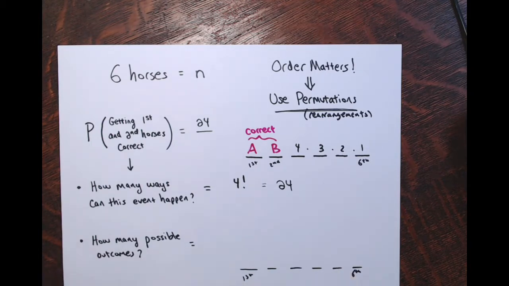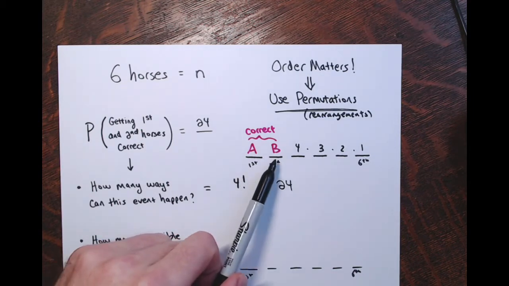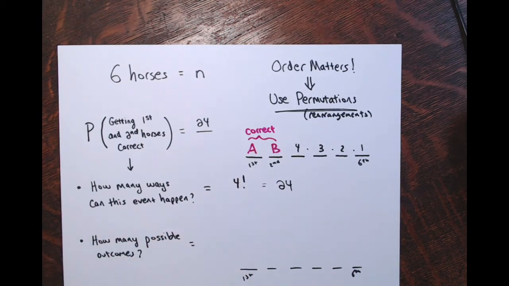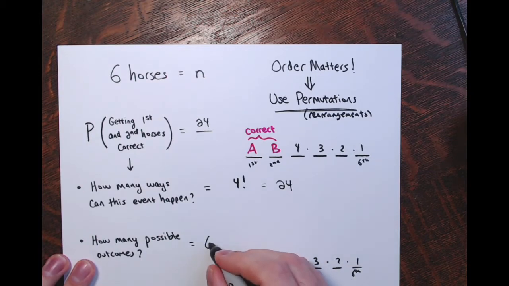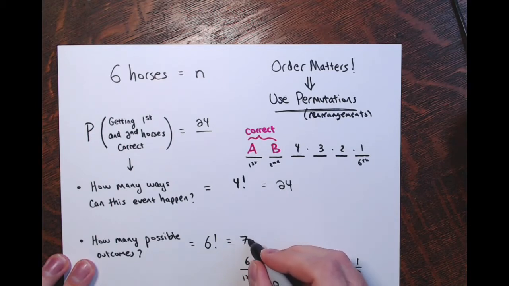This is for any possible outcome, not just the outcomes where I get the first 2 horses correct. So there are 6 horses possible in first place, 5 in the second, 4 in the third, and 3 times 2 times 1, using the fundamental principle of counting. This is 6 factorial, which is 720.